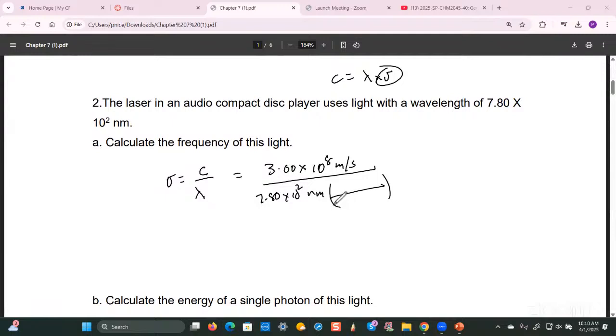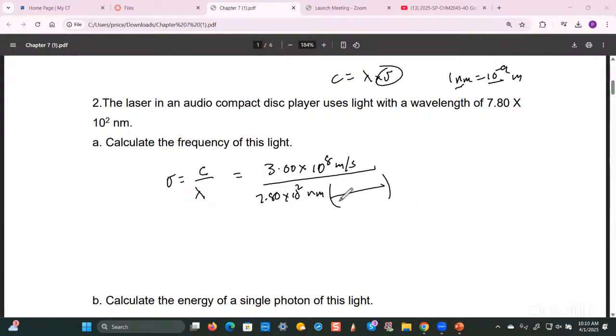So what does the prefix nano mean? Remember, 1 nanometer is equal to 10 to the minus 9 meters. That's what nano means. Nano means 10 to the minus 9, or 1 billion.